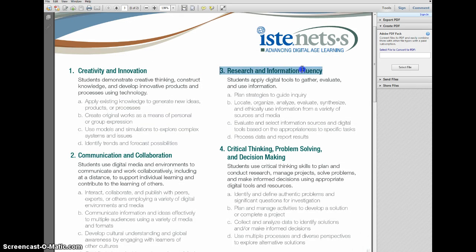Standard 3, research and information fluency, is a set of standards that supports students learning how to use technology to locate information, how to judge whether sources of information available digitally, primarily online, are valid, and how to discern fact from fiction.